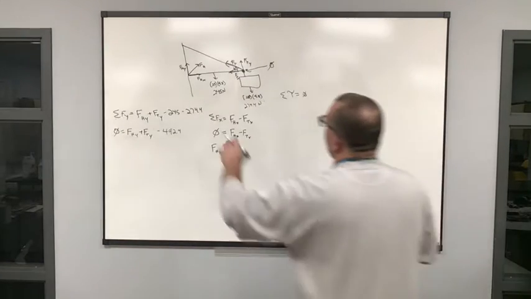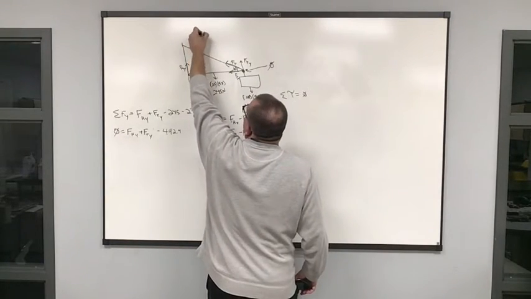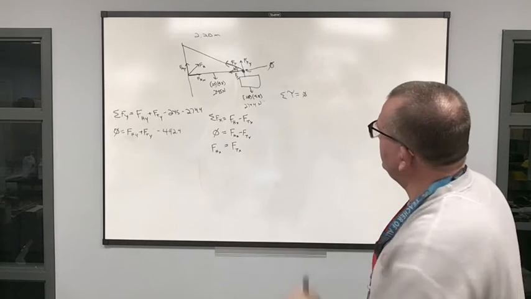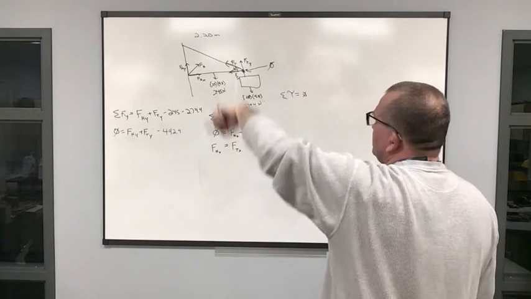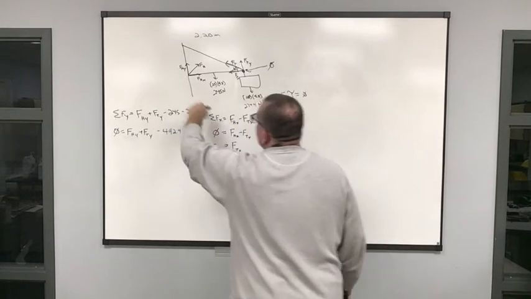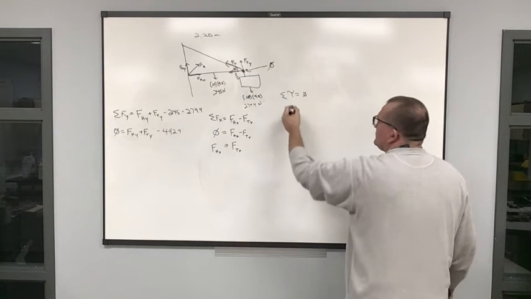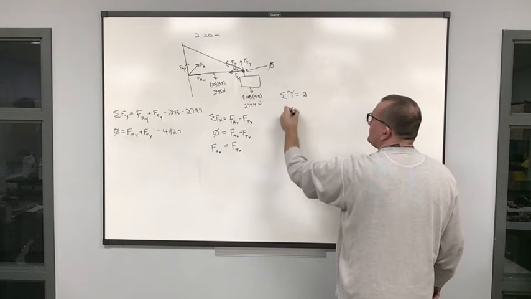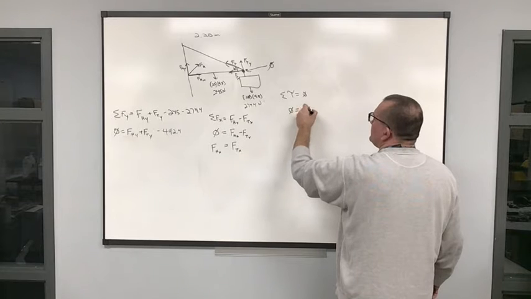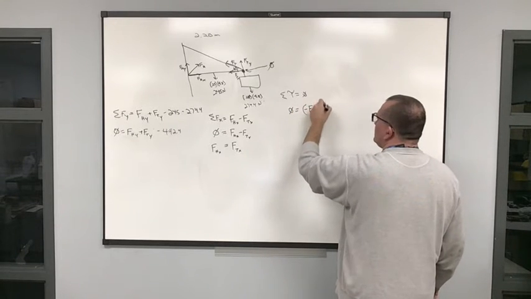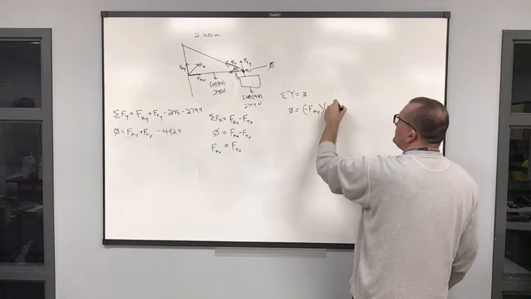We know the length of our beam is 2.20 meters. We know that going this way, the force on y is going to turn this way, so that's going to be negative torque. So I have 0 is equal to negative F hinge y times the distance of 2.20 meters.